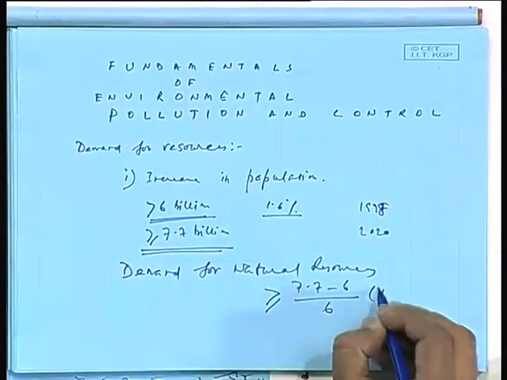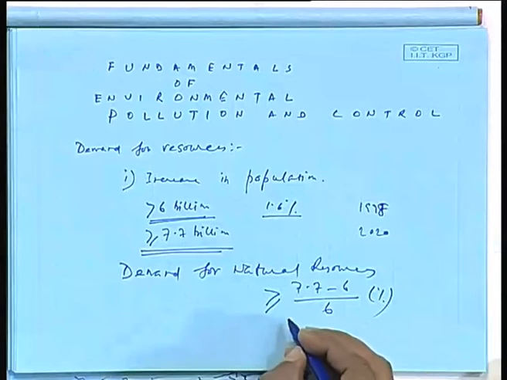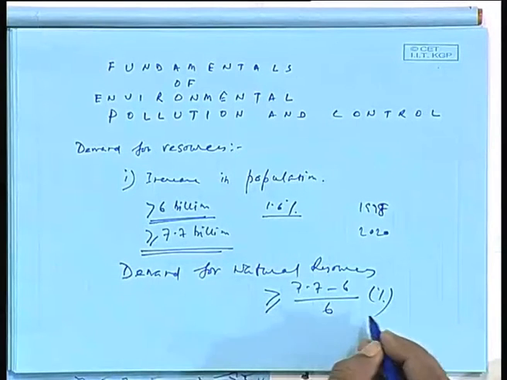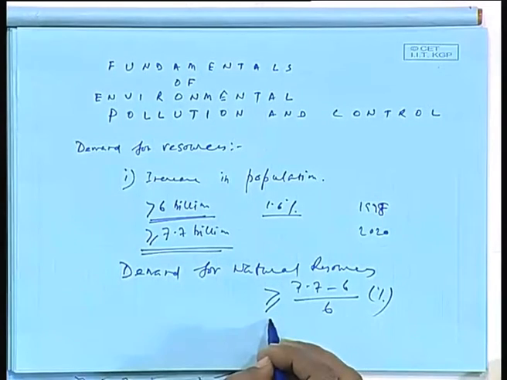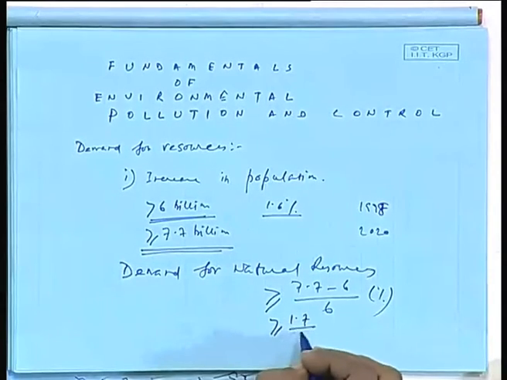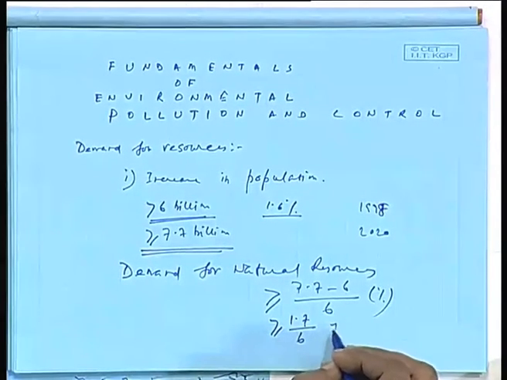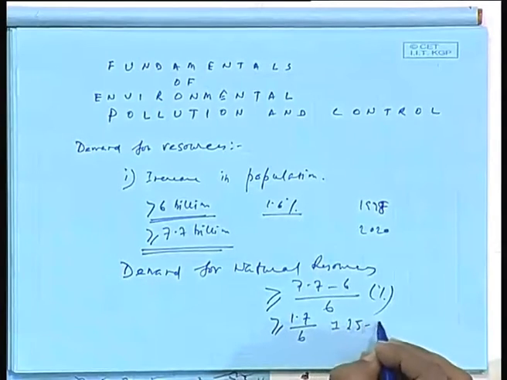This is of practical significance. The requirement would drastically increase in today's fragile environment. This would be about 1.7 divided by 6, which leads to about 25 to 30%.